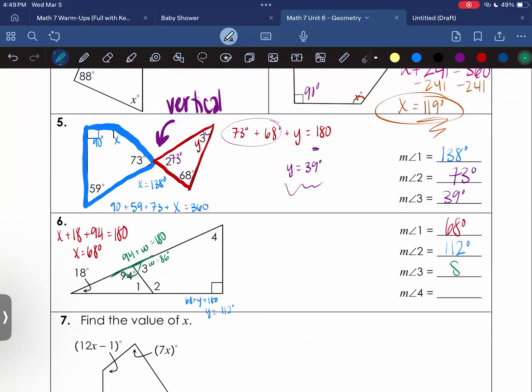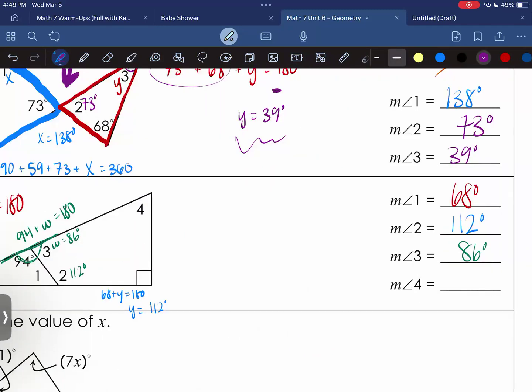Now finally we can get angle 4 by looking at our quadrilateral right here, right? We've got 3 of the 4 angles, and we know that a quadrilateral adds up to 360 degrees.